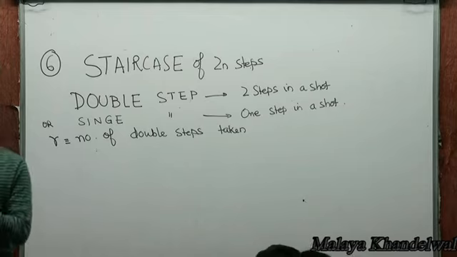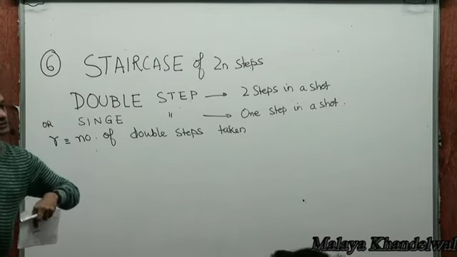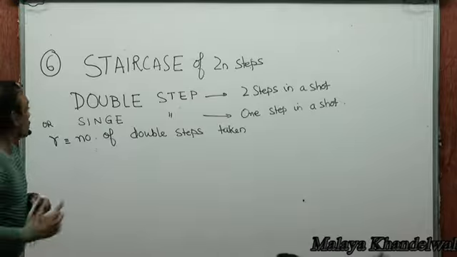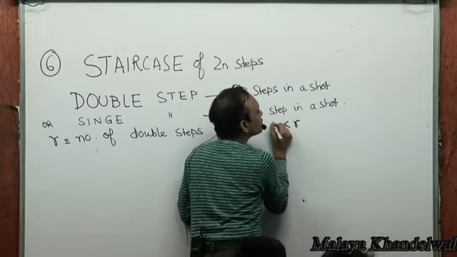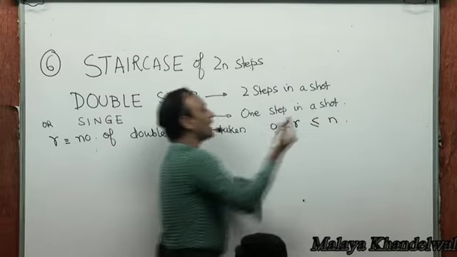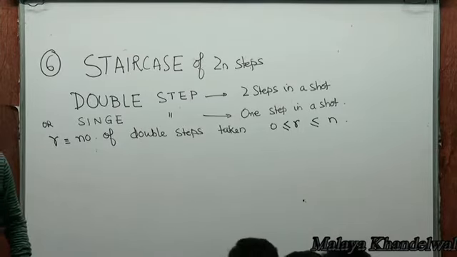All the steps he's taking are double steps, and 2n steps can be covered in n units. Yes or no? So R could be an integer lying between 0 and n: 0, 1, 2, 3 up to n. n plus 1 possibilities for R.